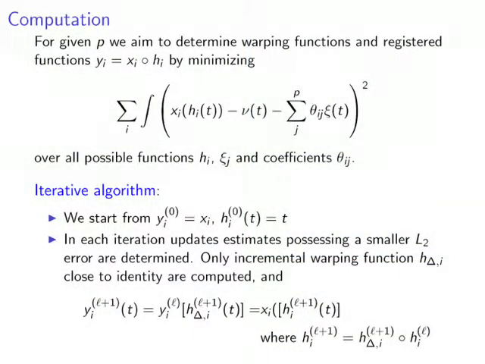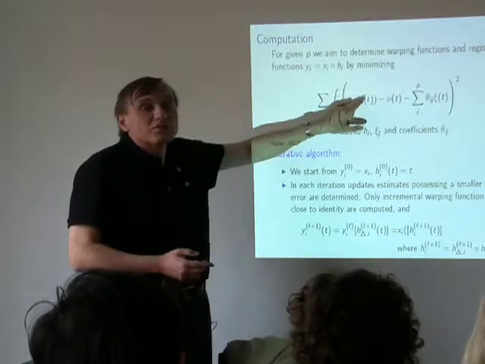And so the idea of our registration procedure is just to determine warping functions h_i such that, for a given p, the registered curves have the most precise description by p principal components. So this is the criterion, so that the difference between the registered curve and its approximation by the first p principal components is minimized.